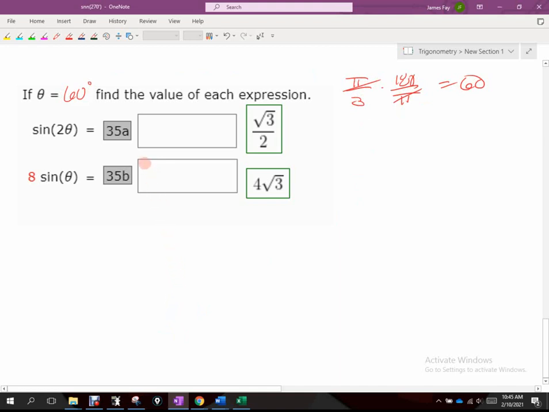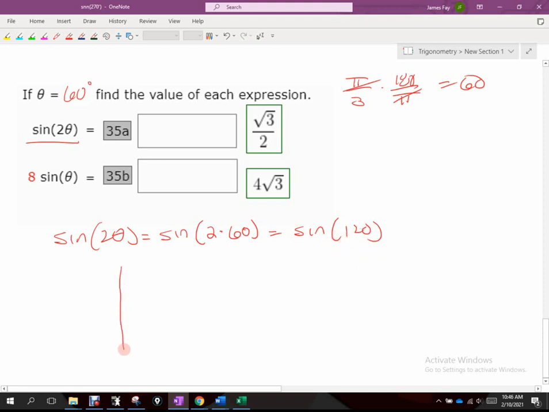So when it says sine of 2 theta, that is actually saying sine of 2 times theta being 60, so it's actually asking for the sine of 120, right? So this just turned into a question like at the beginning of the assignment, when it says evaluate the exact value of sine of 120.